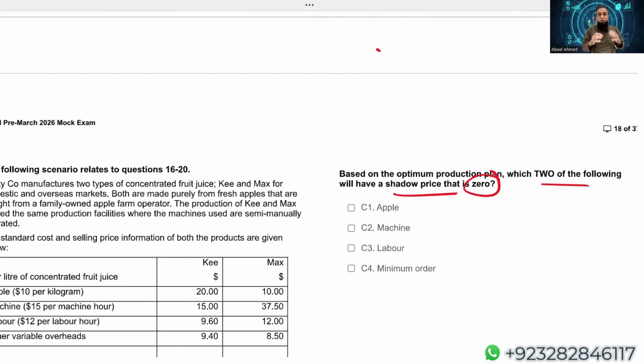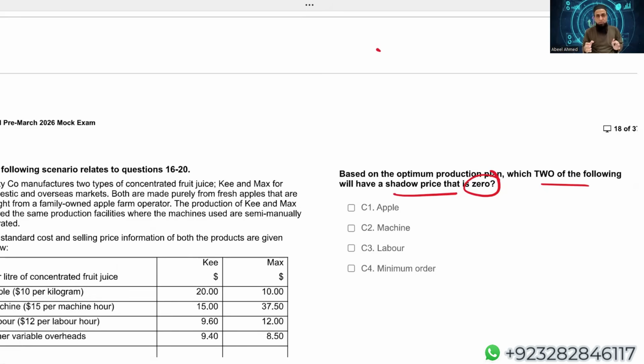When your existing resources are exhausted, you will be facing an issue of binding constraint, you will be facing an issue of shadow price. Let's say whatever available resources were there, we have utilized them and we still have a demand. Now I'll go for a shadow price.